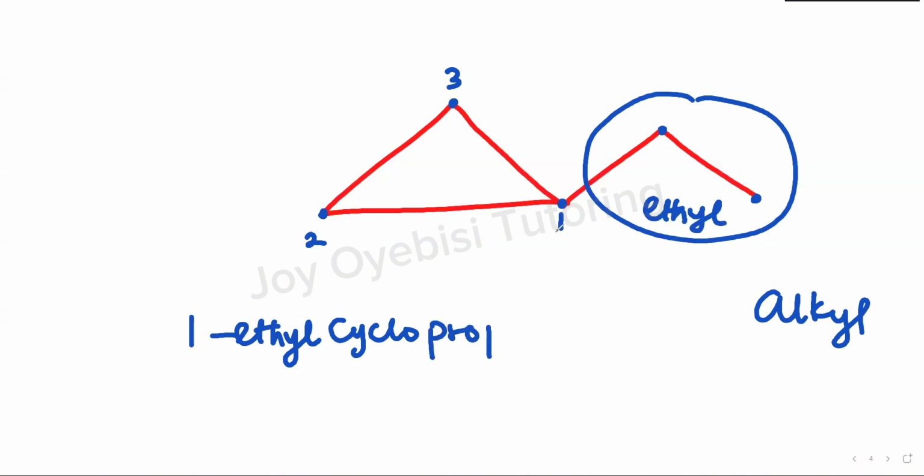And because this is all single bonds, you're going to end with ANE, and the name of this compound will be 1-ethylcyclopropane. Now, to also add, propane rings are the smallest cycloalkanes. You cannot have 2 carbons, so the smallest one is the 3-carbon cyclic form.